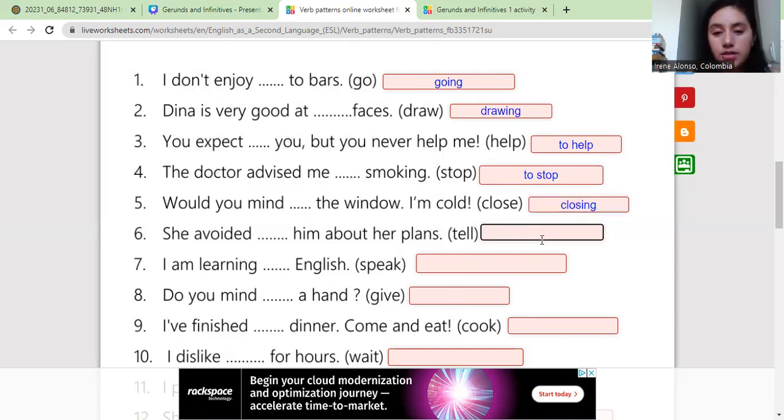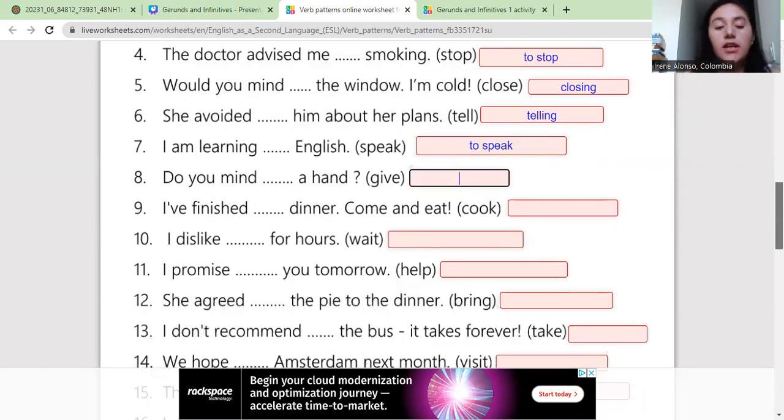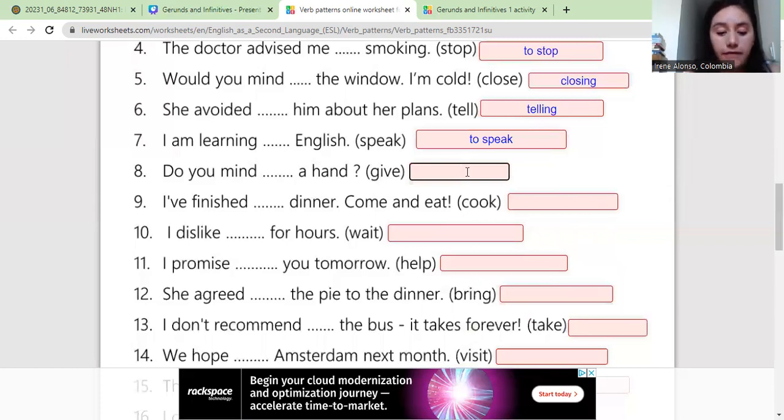And she avoided telling, and learning to speak. This is a little bit more contextual. Do you mind giving?